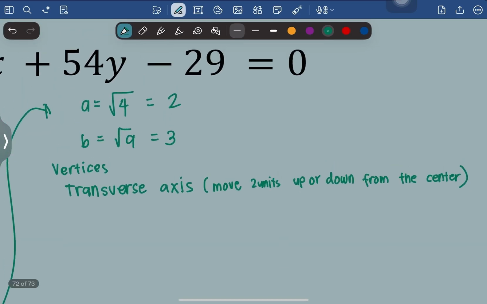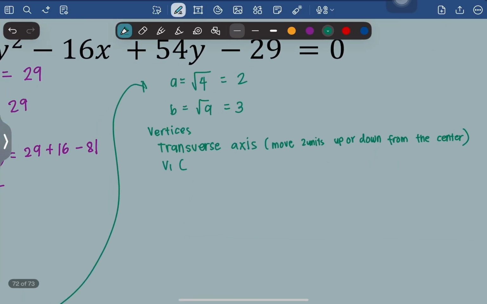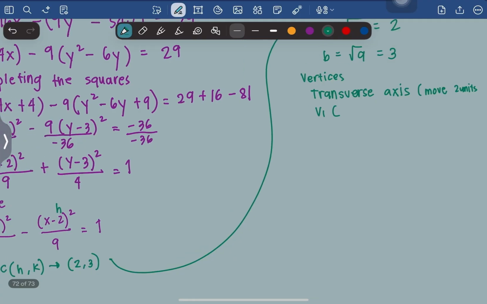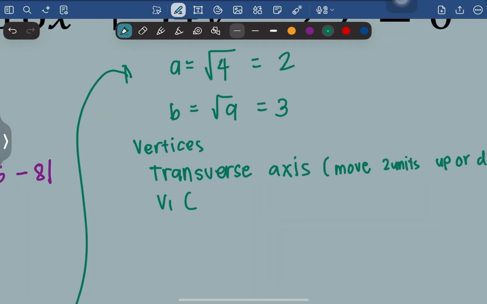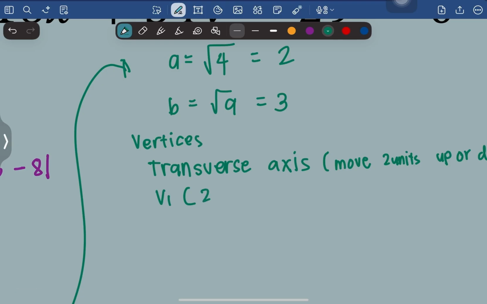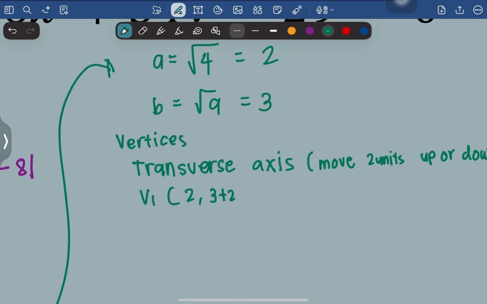So, to get the vertex, V sub 1, para dun sa isang vertex ng hyperbola natin. Yung center natin is 2, 3. So, mag-add tayo sa y coordinates ng center ng 2. So, 2, 5.